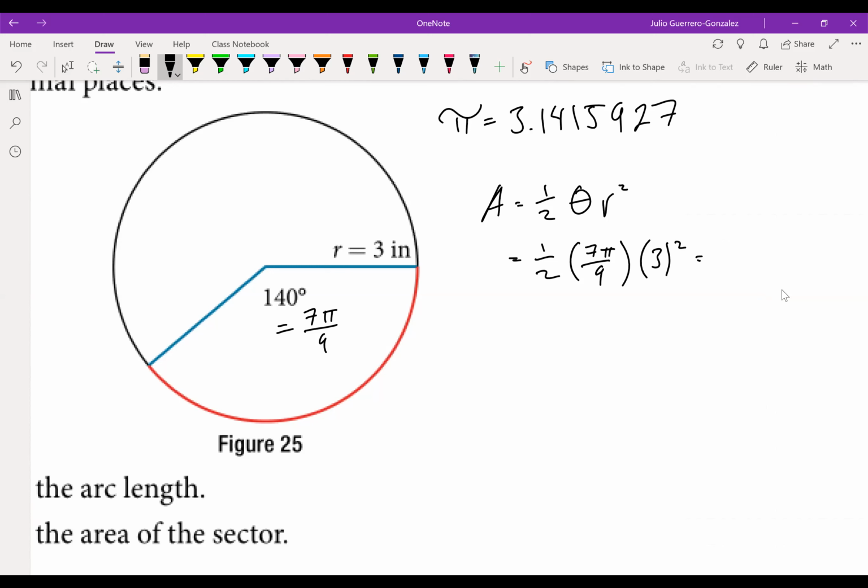So from there, we would multiply 9 by 7.3303. Say it again. Since we know 7 pi over 9 came out as 7.3303, would we multiply that by 9? Yep. And then that by 1/2? Yep.